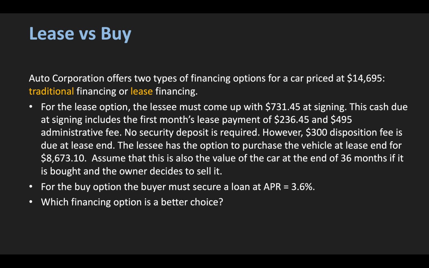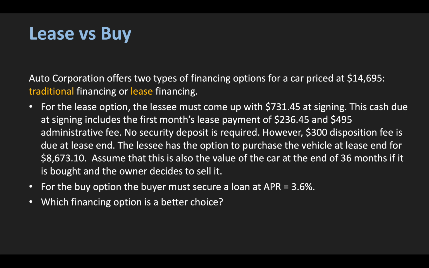For the lease option, the lessee must come up with $731.45 at signing. So when you sign the lease, you need to have that money. This cash is due at signing, including the first month's lease payment and a $495 administrative fee. No security deposit is required. However, a $300 disposition fee is due at lease end.